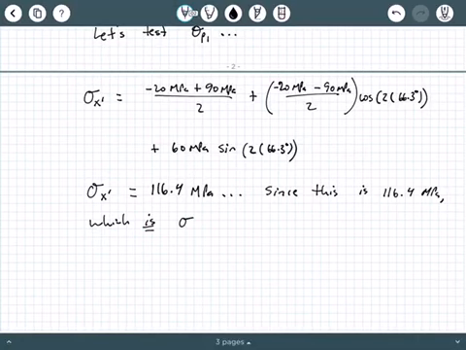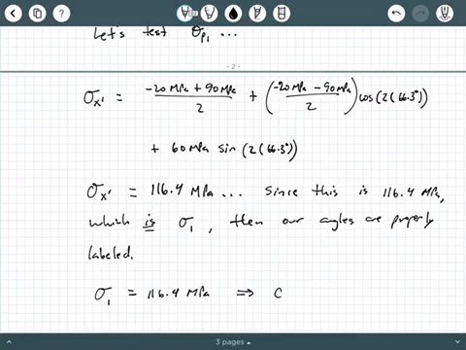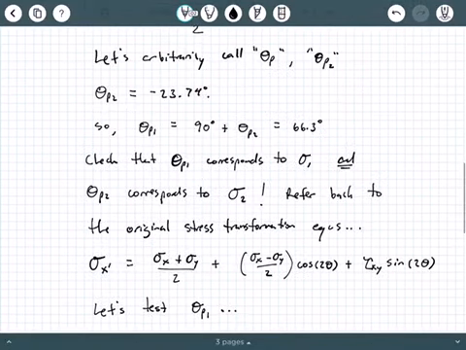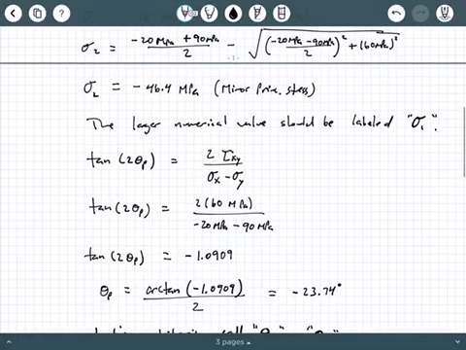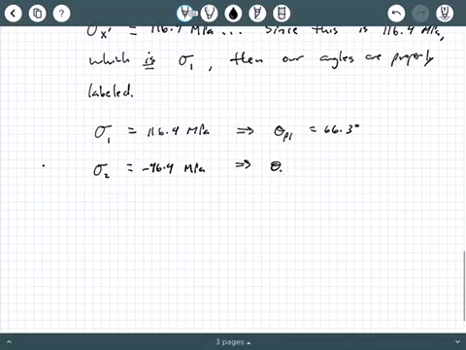Okay, when I punched all this through, I got 116.4 megapascals. And so since this is 116.4 megapascals, which is sigma 1, then our angles are properly labeled. Remember I said they have to correspond. So sigma 1 equals 116.4 megapascals, which corresponds to theta p1, which was 66.3 degrees.